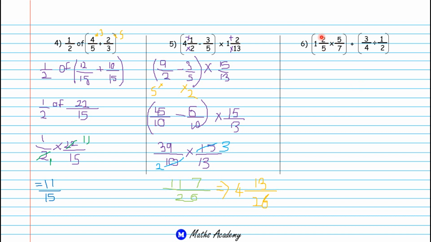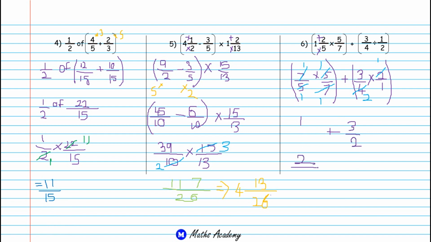First I'll convert this improper fraction, and then I will simplify this bracket and this bracket, and once I simplify, I will make the denominator equal and then I will do it. So 1 refers to 2 over 2.